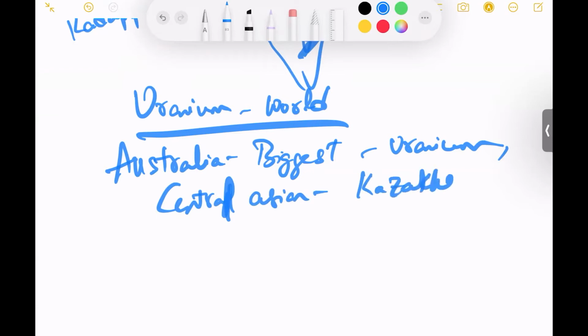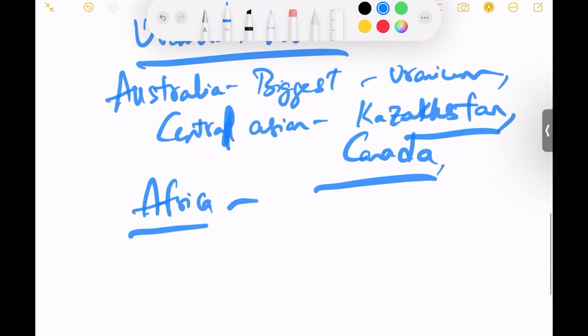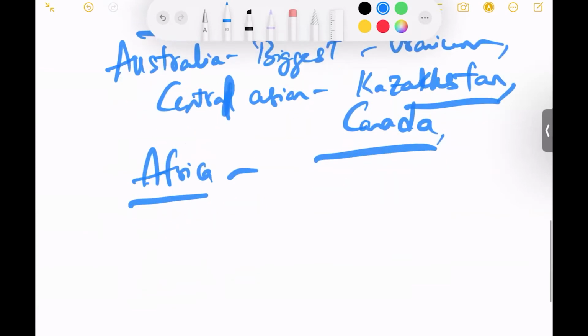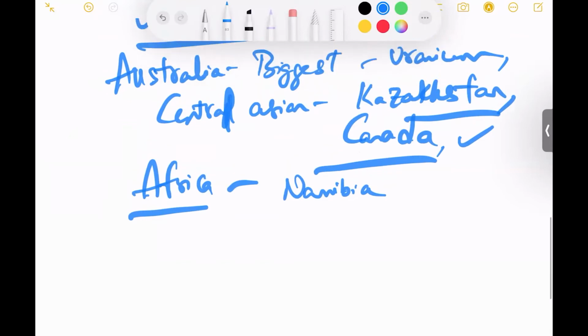This is a factual question, so you have to remember this. There is no other alternative. Canada is again having a lot of resources, and then in Africa, there is Namibia. So these are important places where uranium is found across the world.